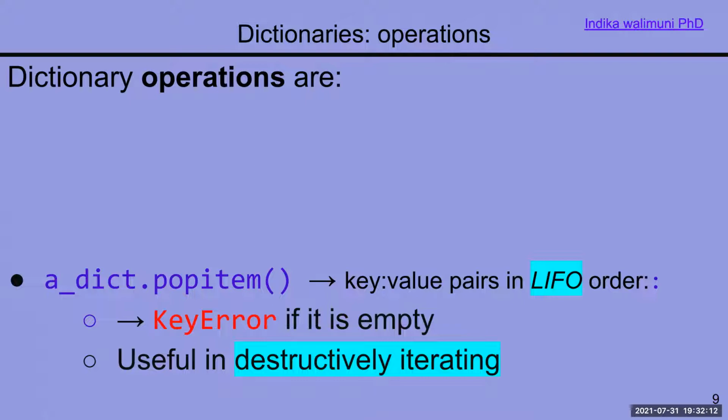As we put items into the dictionary, it places them like a pile of coins. The last one we put on the pile is the last coin, and if we take out a coin, we pick the last one. So last in, first out.